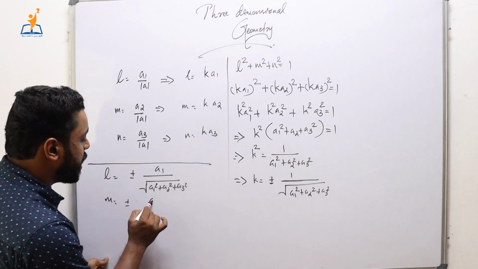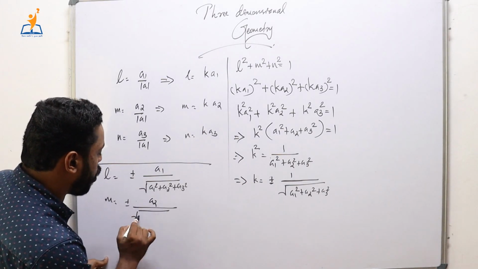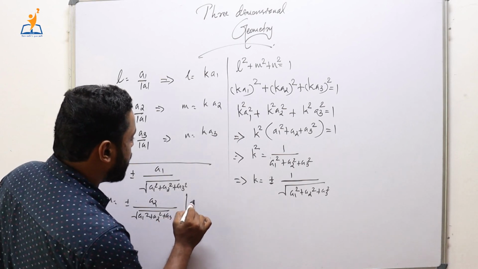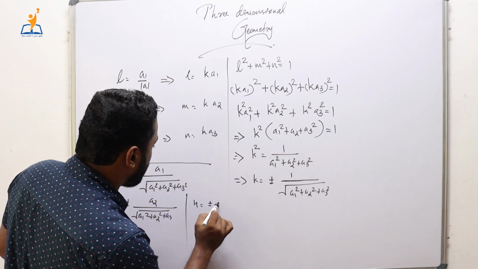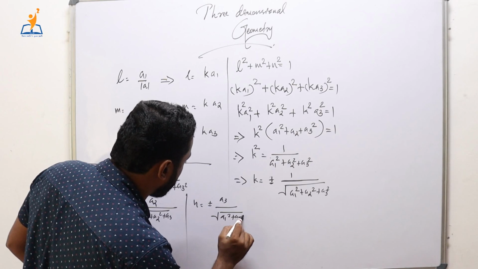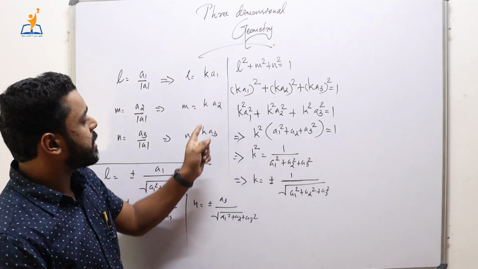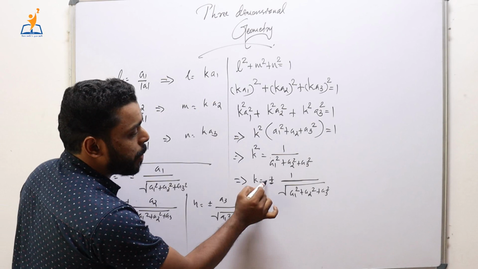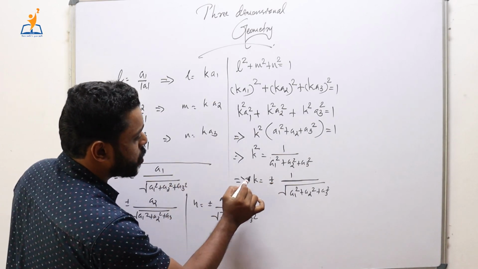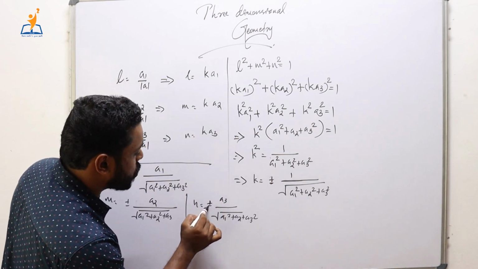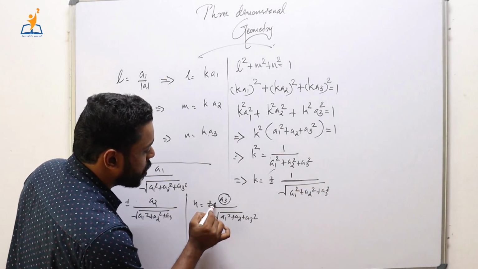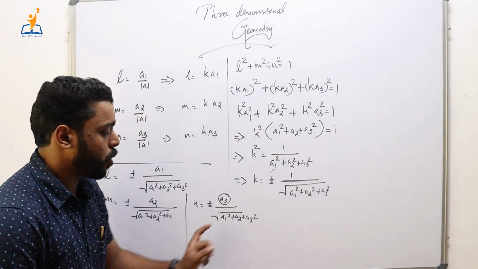So plus or minus A2 divided by square root of A1 square plus A2 square plus A3 square, and finally N is equal to KA3. K is nothing but plus or minus this, so N is equal to plus or minus A3 divided by square root of A1 square plus A2 square plus A3 square.